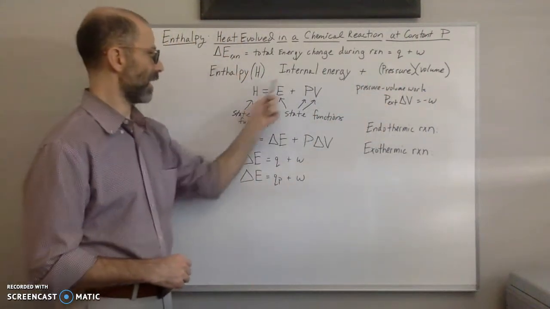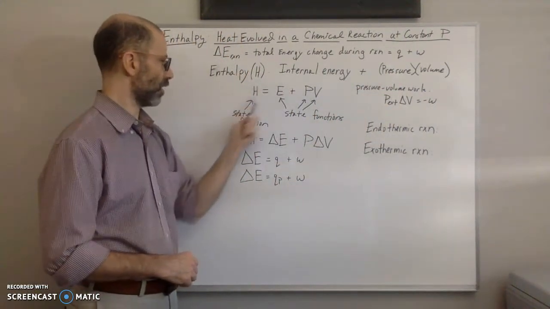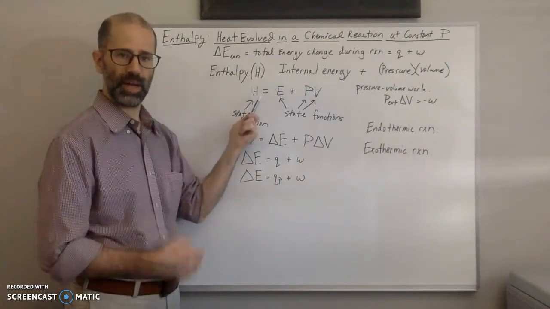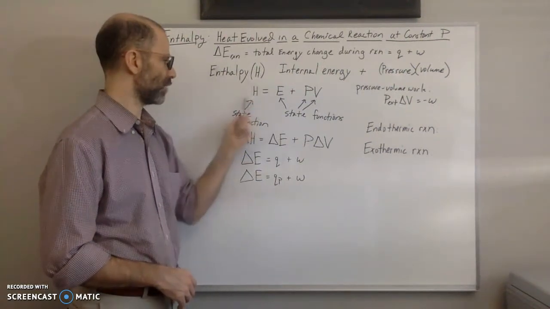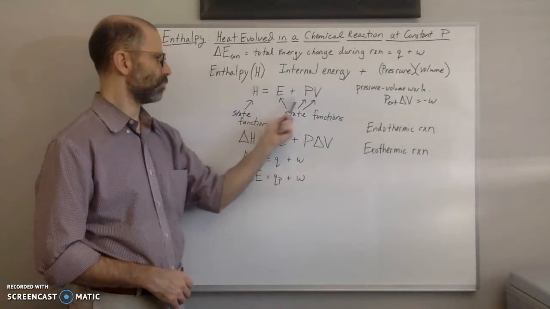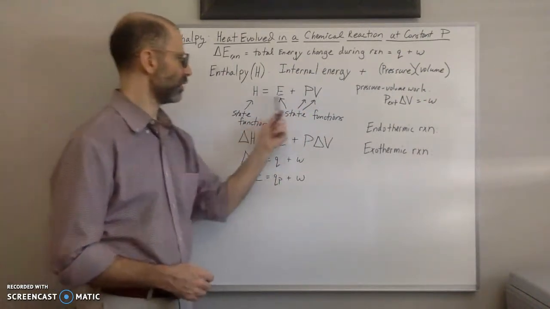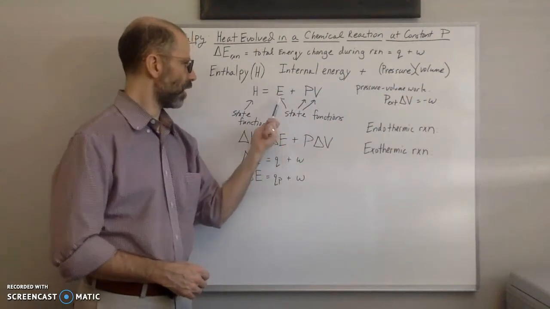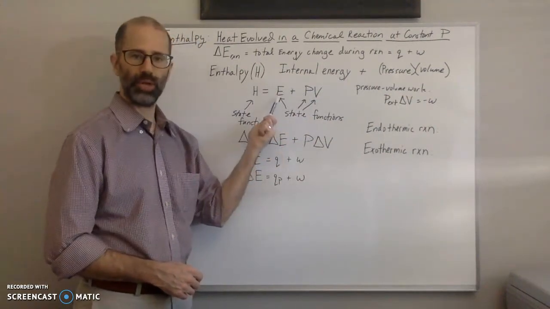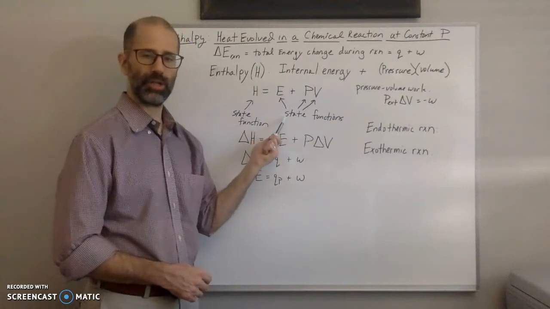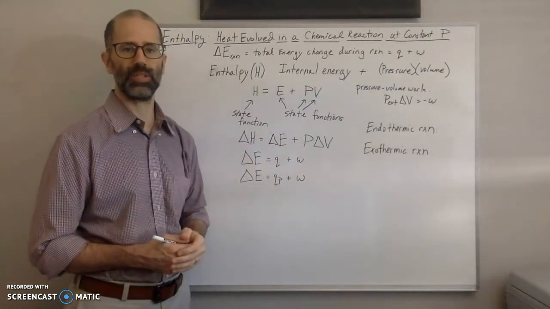And so we can symbolize this equation as H is equal to E plus PV, P times V. One of the things you want to recognize is that, as we said before, the total internal energy is a state function. And again, let's remind ourselves what a state function is.